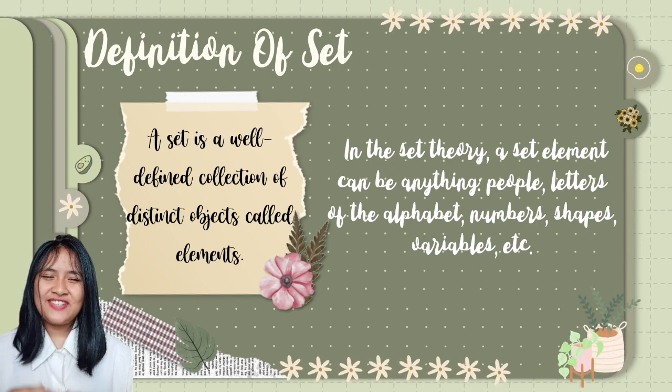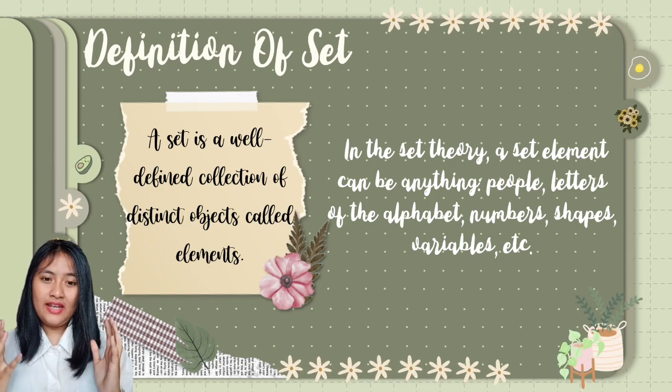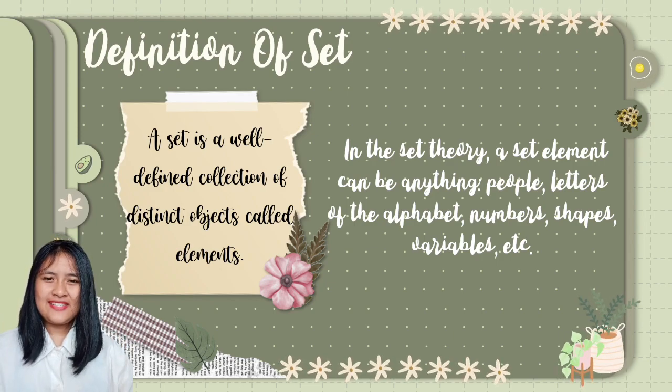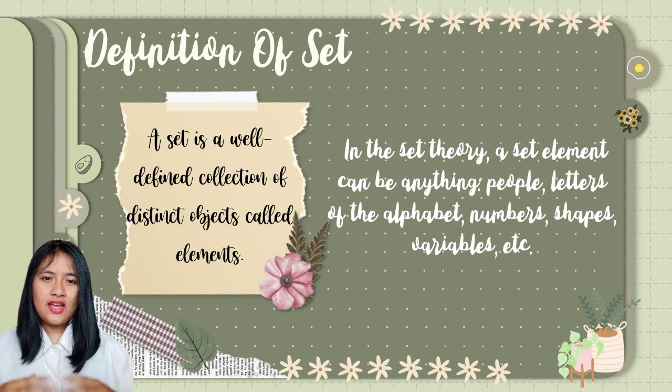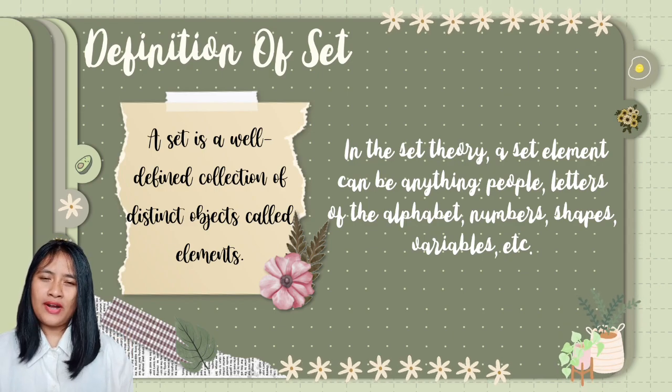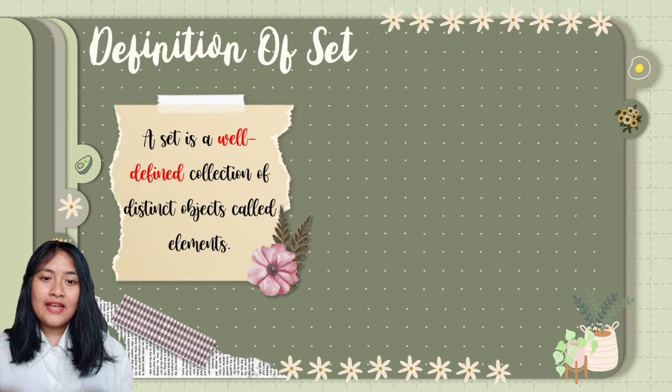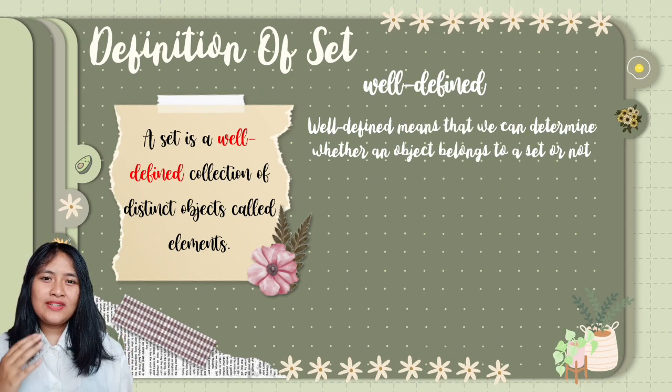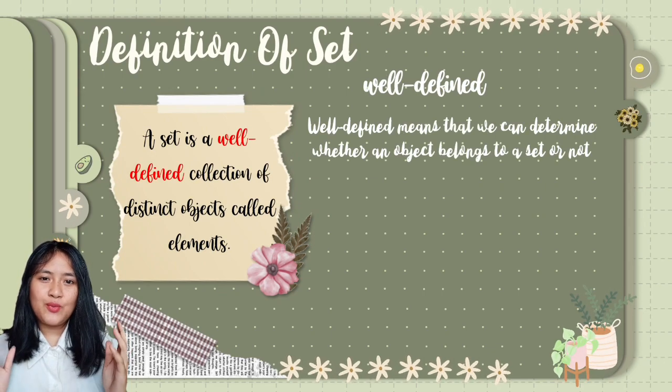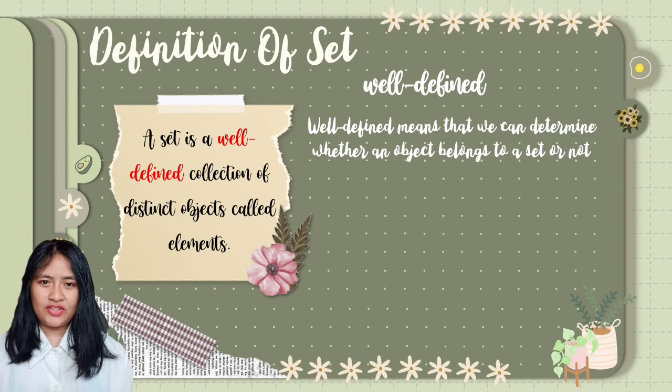Let's discuss this now. In the definition, it is said the set has well-defined properties. In mathematics, well-defined means that we can determine whether an object belongs to a set or not.